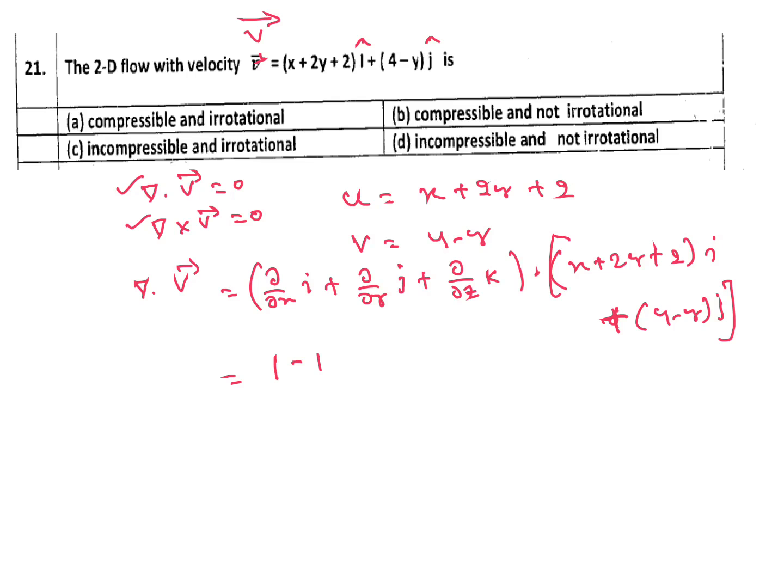So 1 minus 1 is 0. So it's incompressible. So from here A and B not possible. From C and D we have to check irrotationality. For irrotationality we have to check curl of V vector.